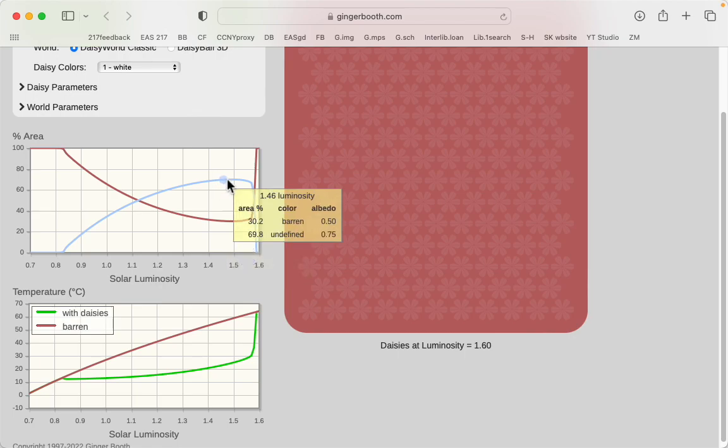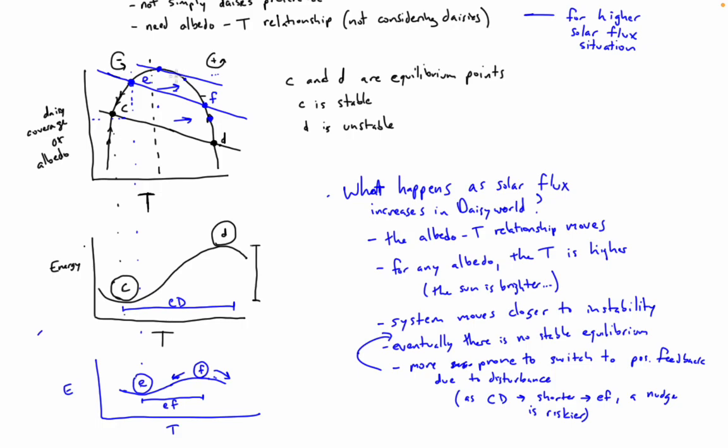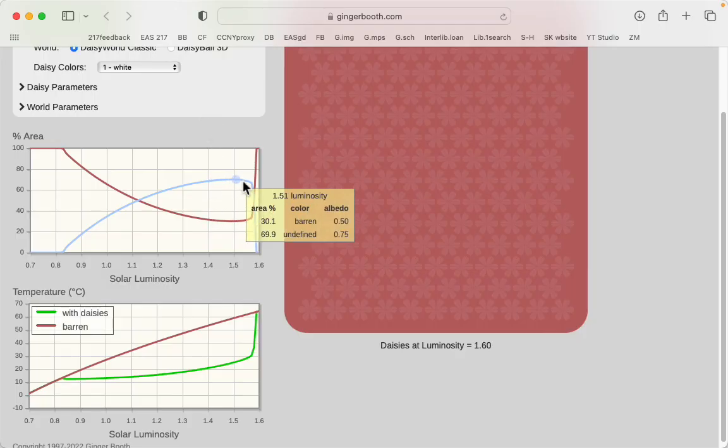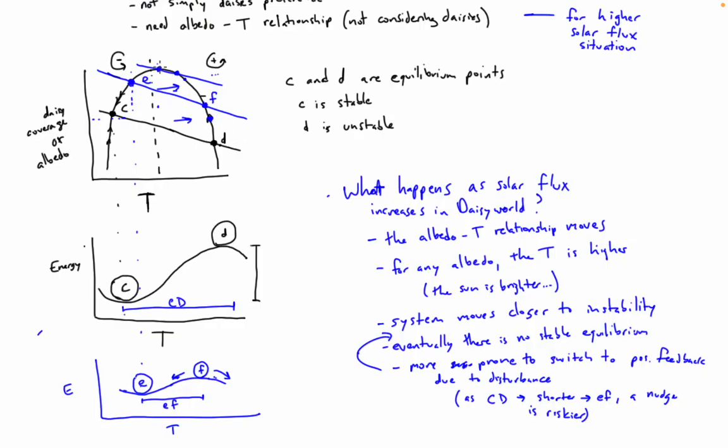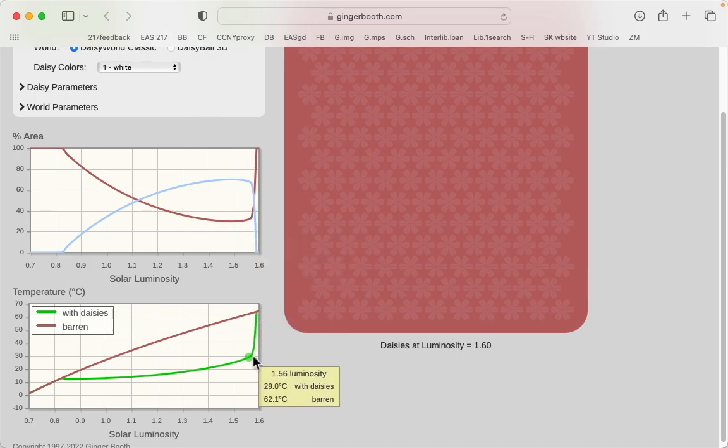But instability is right there, and as it gets a little bit hotter, this line goes off, and there is no stable point. And that's what we see happening here.